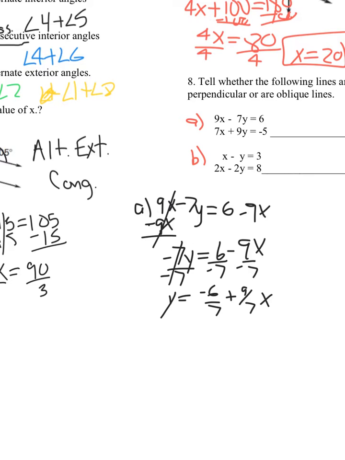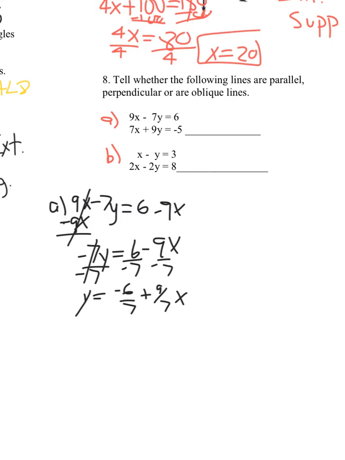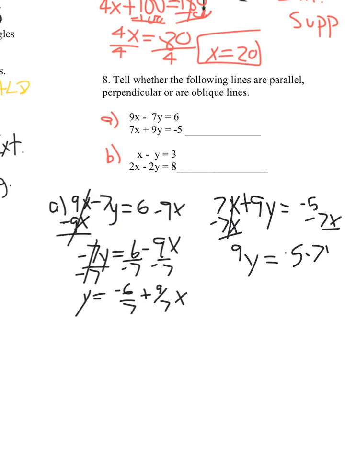Okay? Then we have to do the same thing with 7x plus 9y equals negative 5. Minus 7x, minus 7x. 9y equals negative 5 minus 7x.